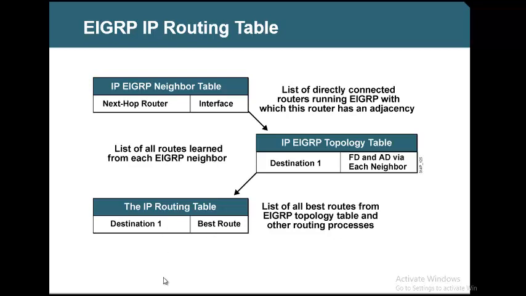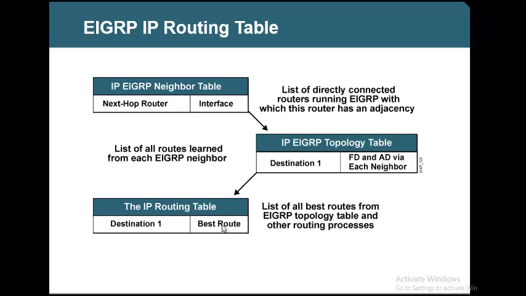The best route is seen in the topology table and in the routing table. Only the best route is seen in the routing table. The routing table will not have all possible, all available routes.